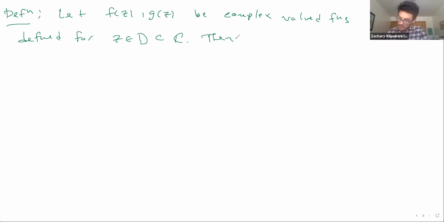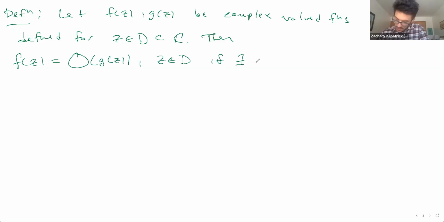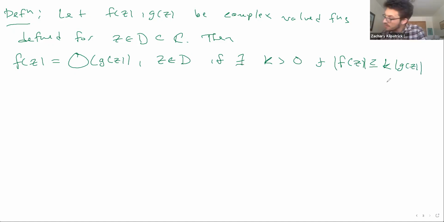Then we can say that f(z) is equal to big O of g(z) for z being in D, if there exists a constant k greater than 0 such that the absolute value or magnitude of f(z) is less than or equal to k times the magnitude of g(z), for all z that live in D.